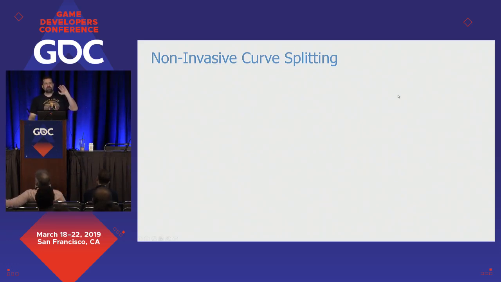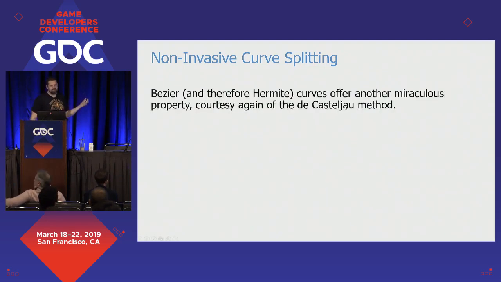And when I'm making a level editor for that, or a tool or anything else, I want to have forks and joins, and I want the level designers to have as much specificity as they want, so I want them to be able to say, no, I need more control here. Let's chop that spline up, or that curve up, into multiple little curves. And when they chop it up, we want it to not suddenly change the shape of the curve. So that's non-invasive curve splitting.